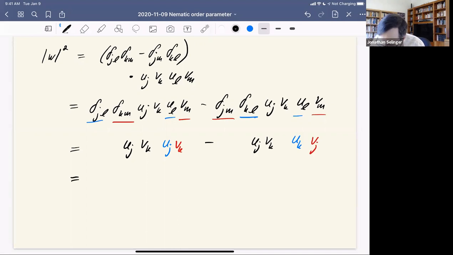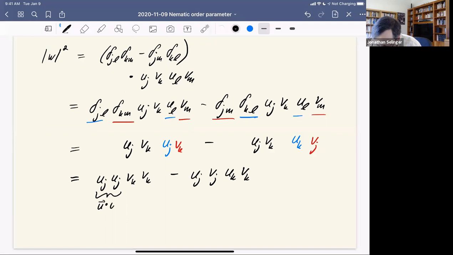Okay, so now what? Now I'll rearrange the factors to put the pieces with the j index together. So this is u_j u_j v_k v_k, minus u_j v_j u_k v_k. Now u_j u_j, we can recognize as u dot u, or equivalently, that is the magnitude of u squared.